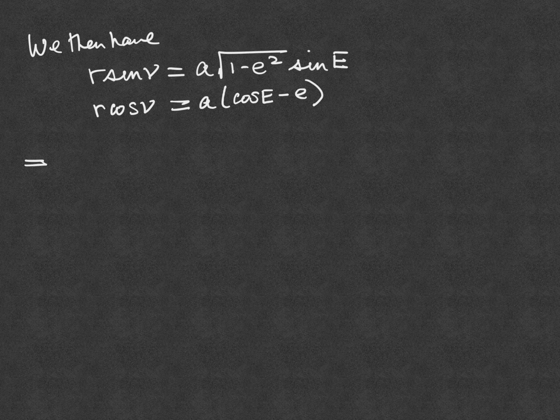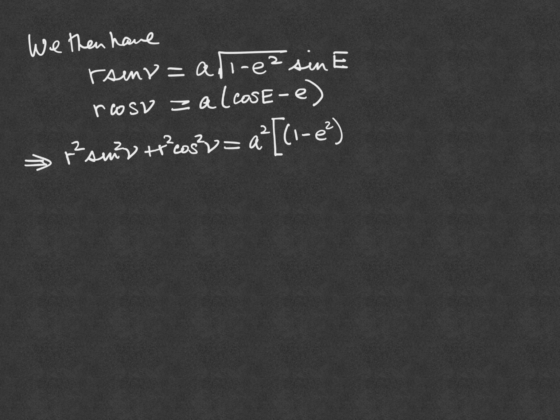So now let's take the sum of the squares. Well, we get R squared sine squared nu plus R squared cosine squared nu has to equal A squared, times 1 minus E squared sine squared E plus cosine of E minus E squared.